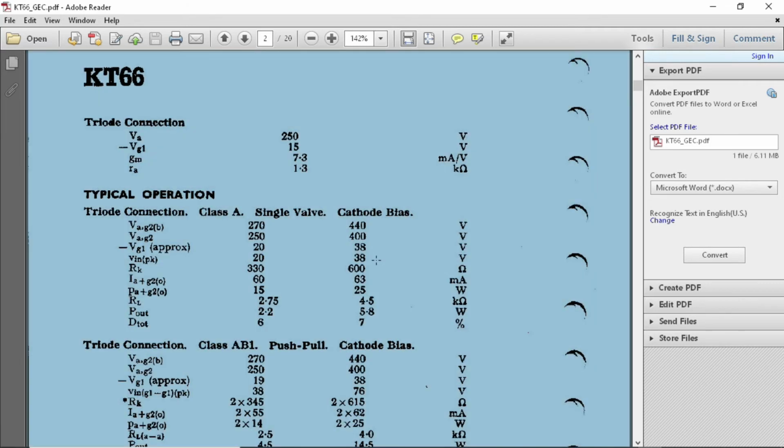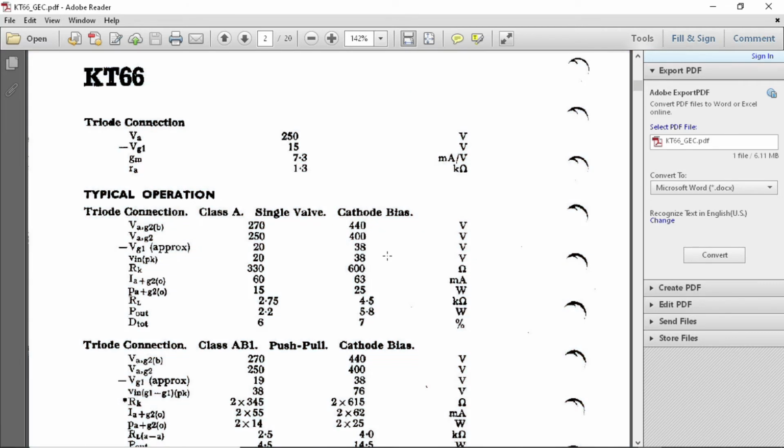So running it at 13, so running it about half that signal will give us about 12 watts, right?